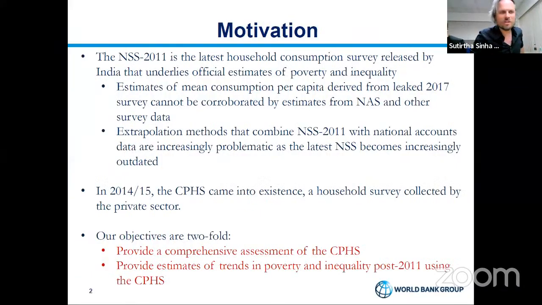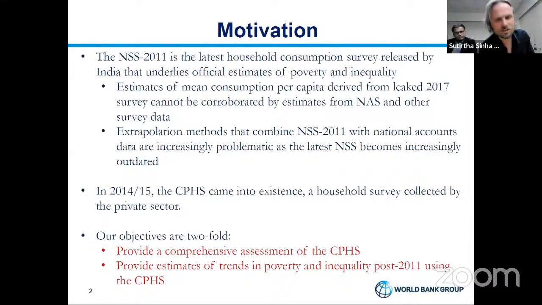Okay, thank you very much. So as you all know, the objective of this project has been to obtain estimates of poverty for India in recent years that could be compared to the most recent official estimates of poverty that date back to 2011.